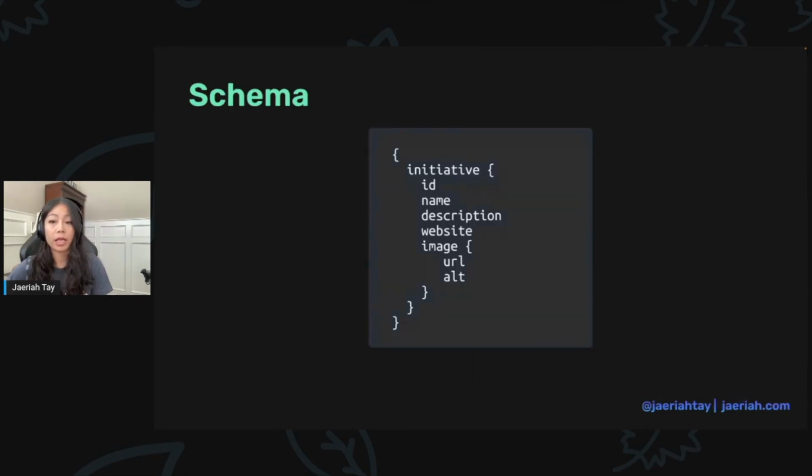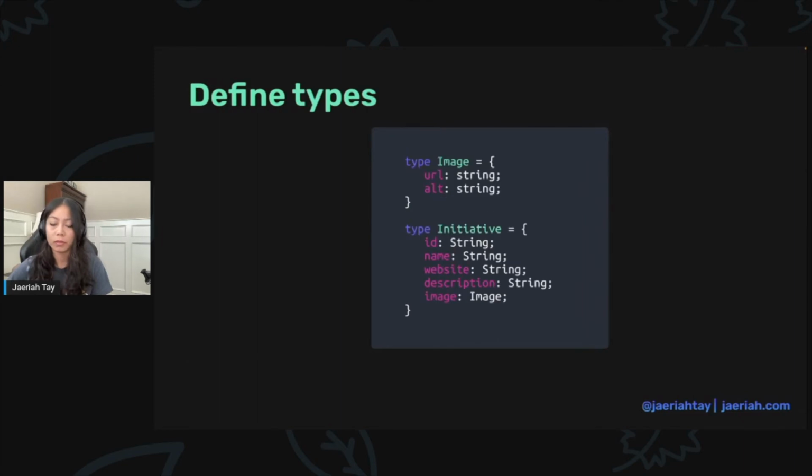But before the query can even get executed, it would need to be validated on the server to check that the types are correct and whether they exist. Luckily, GraphQL uses a type system for validation on the query sent by the client. We would define our field types like so. There are two defined types here, our image type and our initiative type.